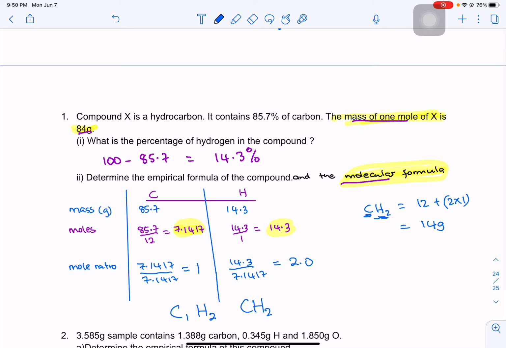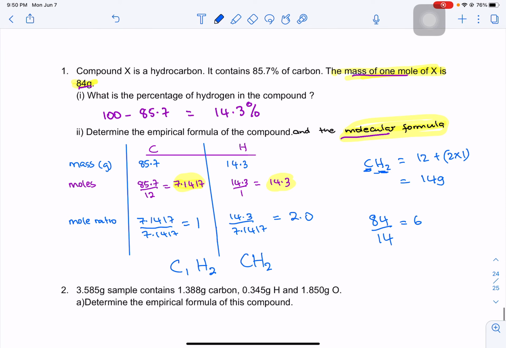Now we want to find how many of those CH2 units are in compound X. So we know that compound X is 84 grams, and our formula mass is 14. On our calculator, we calculate 84 divided by 14 and the answer is 6. That means our formula is CH2 multiplied by 6, or C6H12.